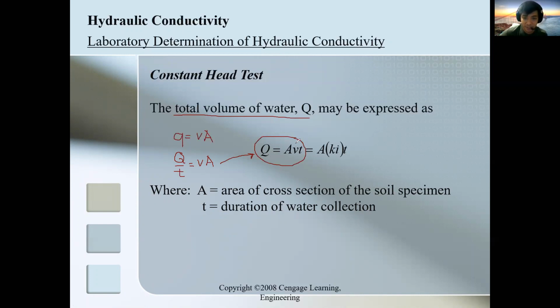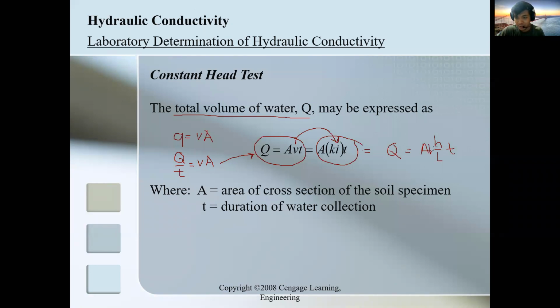Now, further simplifying, we're going to replace the V using Darcy's law, so the new formula is Q equals A times K times H over L times T.